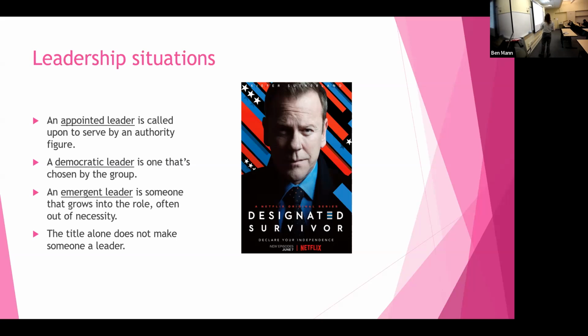So leadership situations take on a lot of different forms, right? This idea first is somebody that is an appointed leader. A good example of this is if there is a team captain or group leader and somebody like your coach has appointed or selected them to be the captain of the group, right? So generally speaking, an appointed leader is somebody that someone higher up has decided to be the leader or manager. Oftentimes in those situations we might be a little bit skeptical.